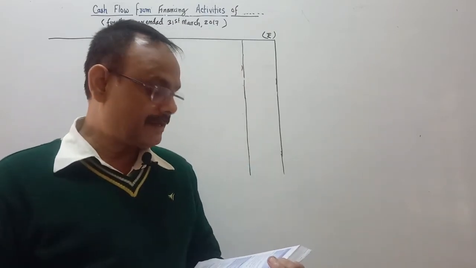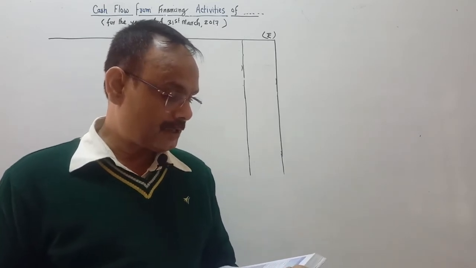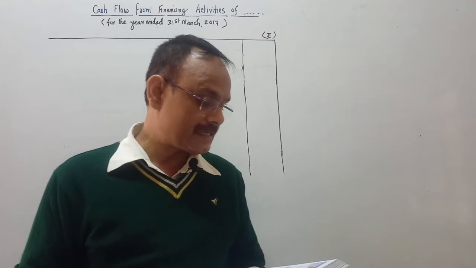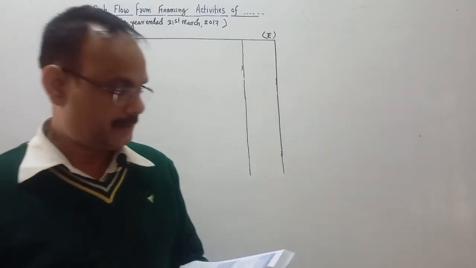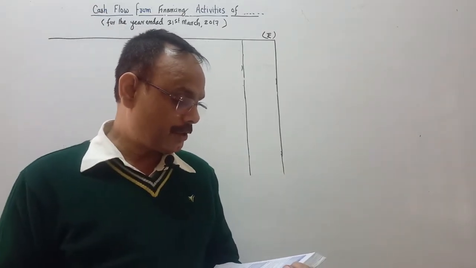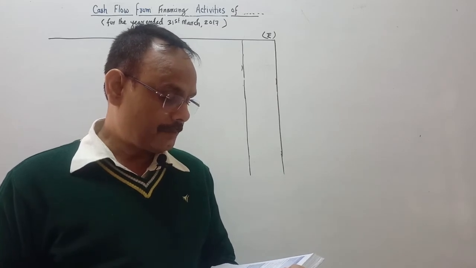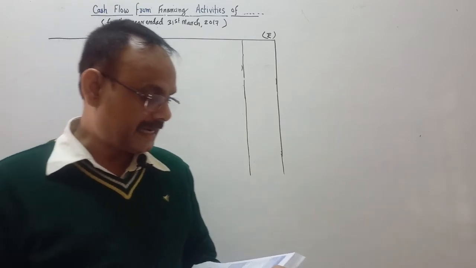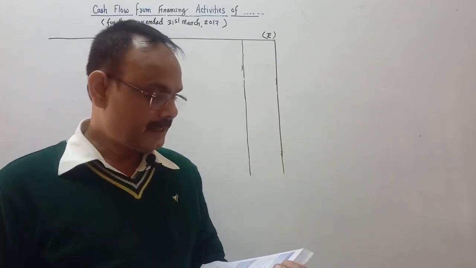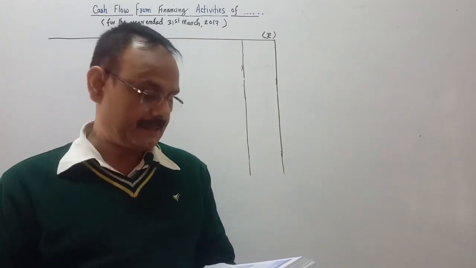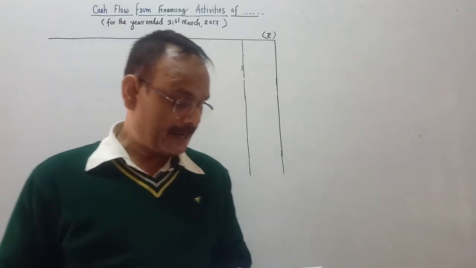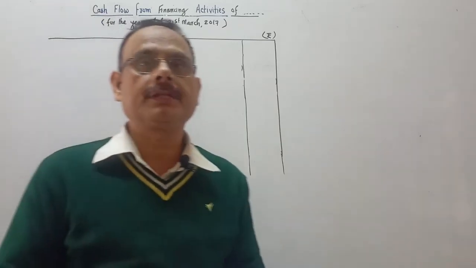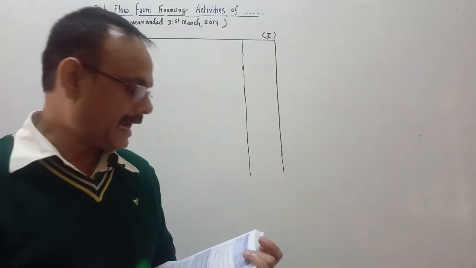Second, 12% debentures were redeemed on 1st July 2017 and new 10% debentures were issued on the same day at a discount of 5%. Third, proposed dividend on equity share capital of the previous year ended 31st March 2017 was 8%. 2017 means previous year. Fourth, interest on bank overdraft is 10,000. From this information you have to find out the cash flow from financing activities.